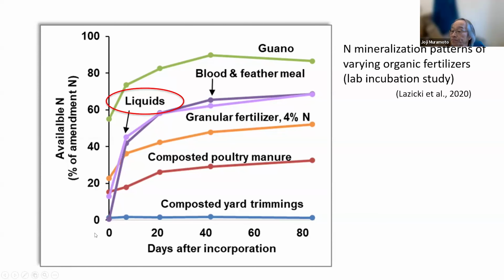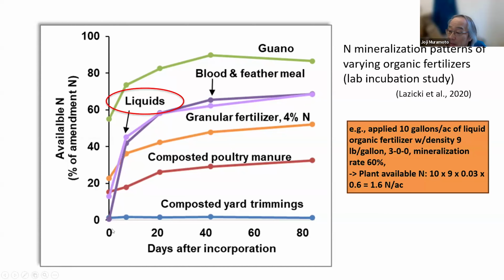So what does it mean? Let's think about one example. If you apply 10 gallons per acre of liquid organic fertilizer with a density of 9 pounds per gallon, the label says 3-0-0, and the mineralization rate is 60%. In this case, the plant available nitrogen you applied per acre is 10 gallons multiplied by its density of 9 pounds per gallon, which makes 90 pounds per acre applied.